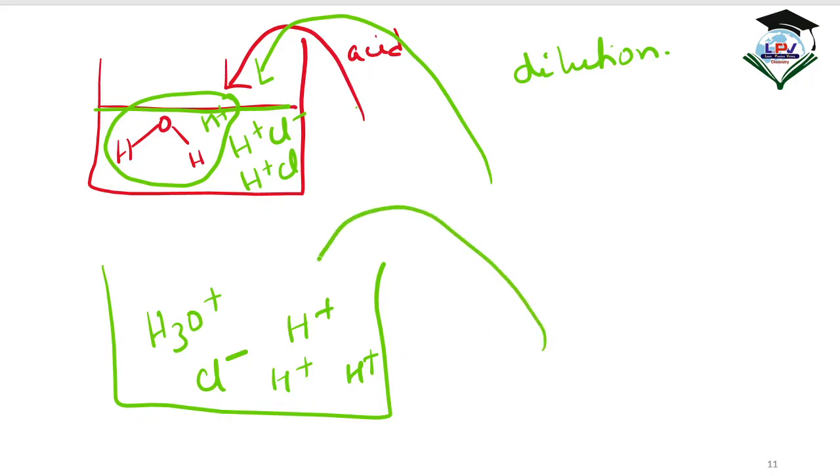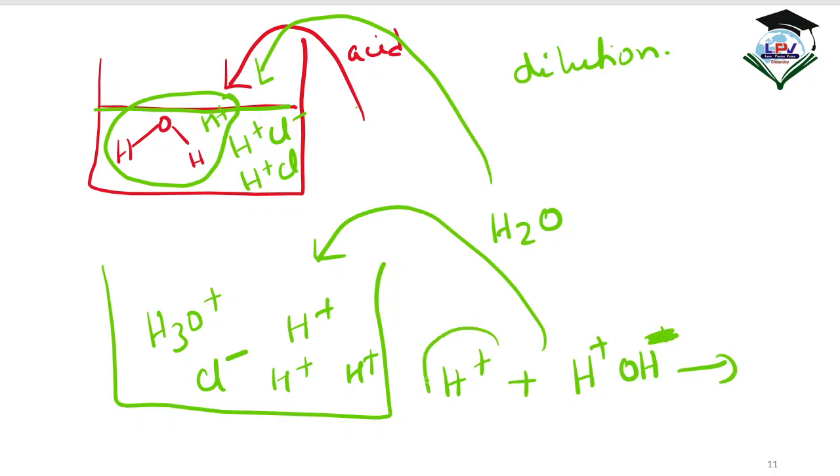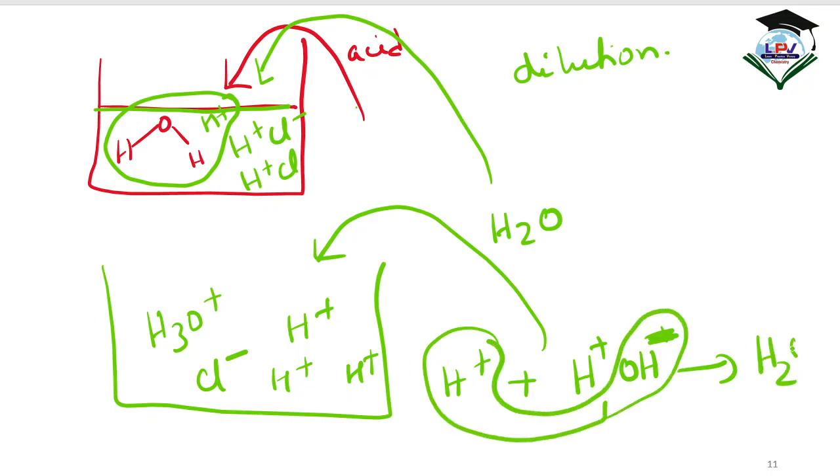When you add further water to this, what happens? You can see that dilution is a process by which the H plus will again react with the OH minus of water, and it forms water. So you have to understand that more and more of water concentration increases.